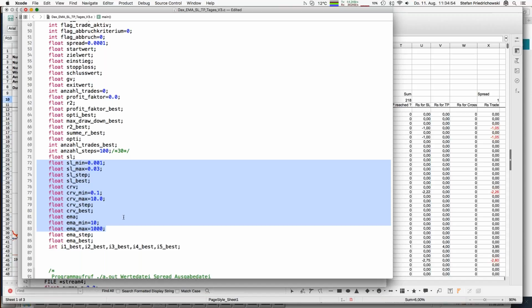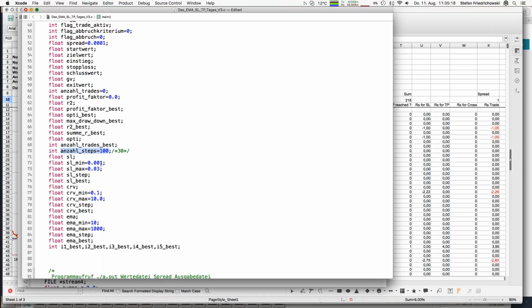So those numbers I use here, and then, as you learned already in the Excel sheet of neighborhood analysis, I have a number of steps which apply here, and that is 100. What does it mean? And that is now maybe a little bit astonishing.